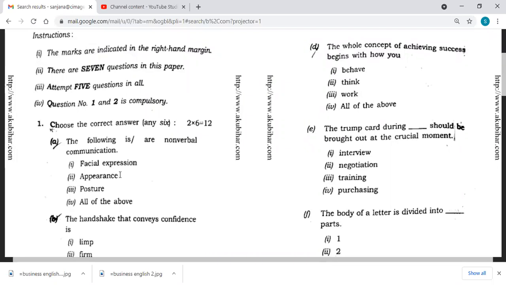How will you know that this person is a lawyer? How will you know this person is a doctor? Of course, by the things that they are carrying or the way that they are dressed up. So this is called appearance. And what is facial expressions? When you smile, you do not speak anything, but your smile will speak for you.